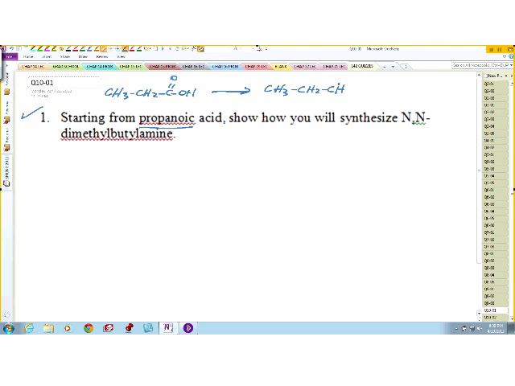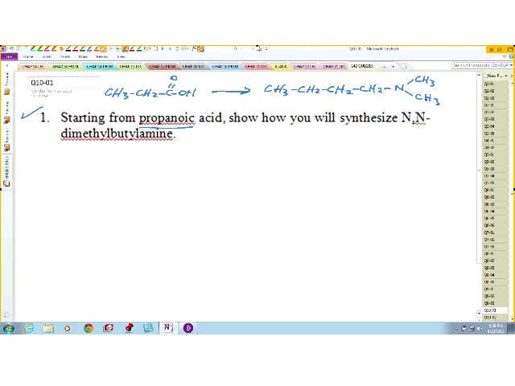It is this here. In other words, we want to go from propanoic acid to N,N-dimethylbutylamine.